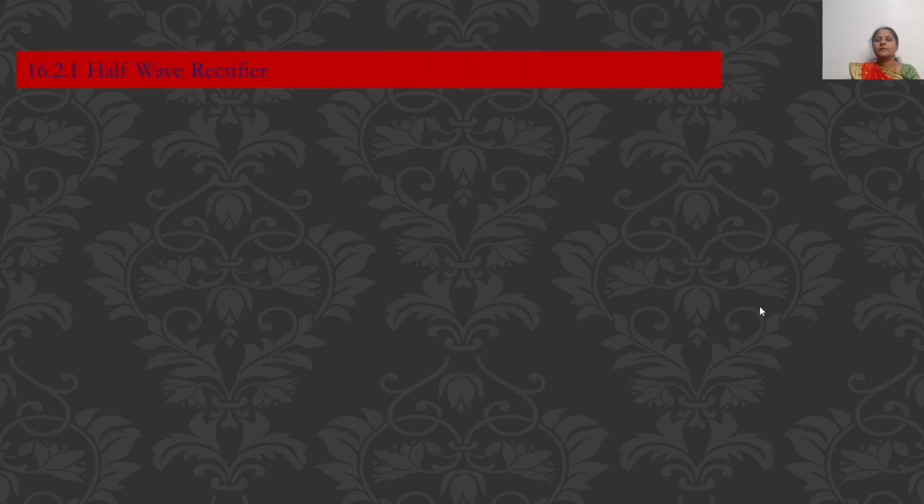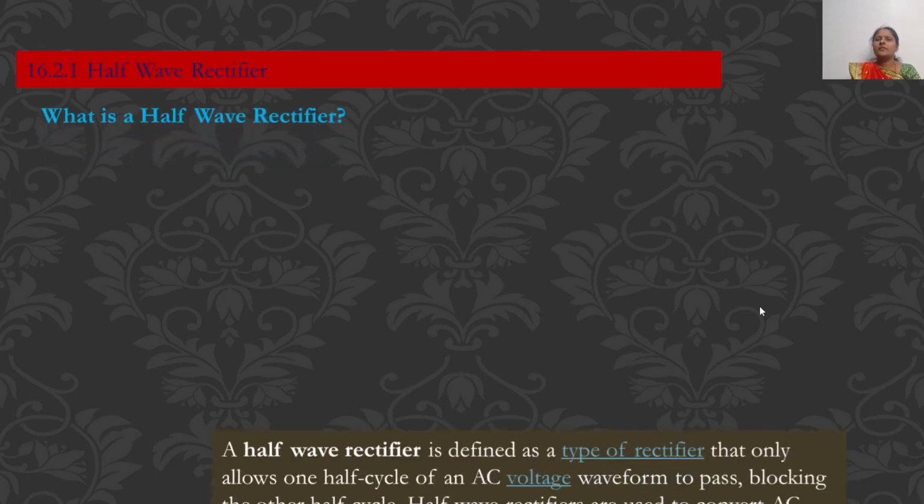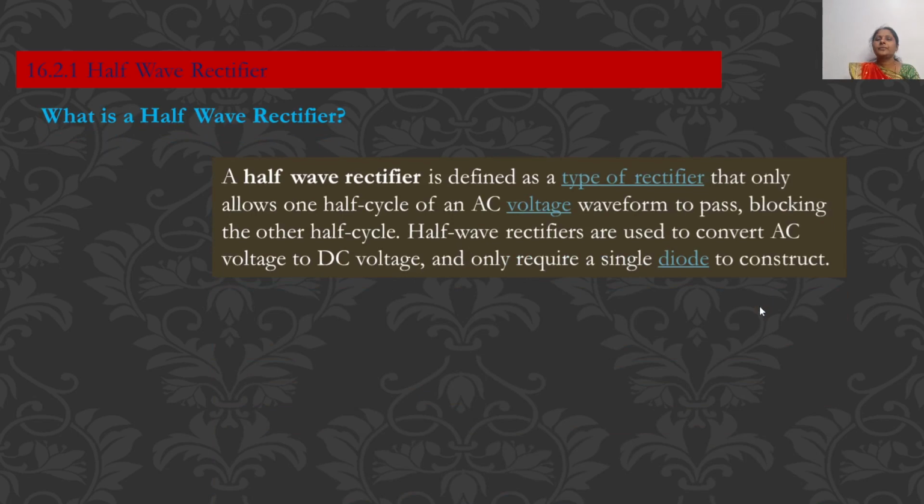First point, sub-point, half wave rectifier. What is a half wave rectifier? The half wave rectifier is defined as the type of rectifier that only allows one half cycle of an AC voltage waveform to pass, blocking the other half cycle.